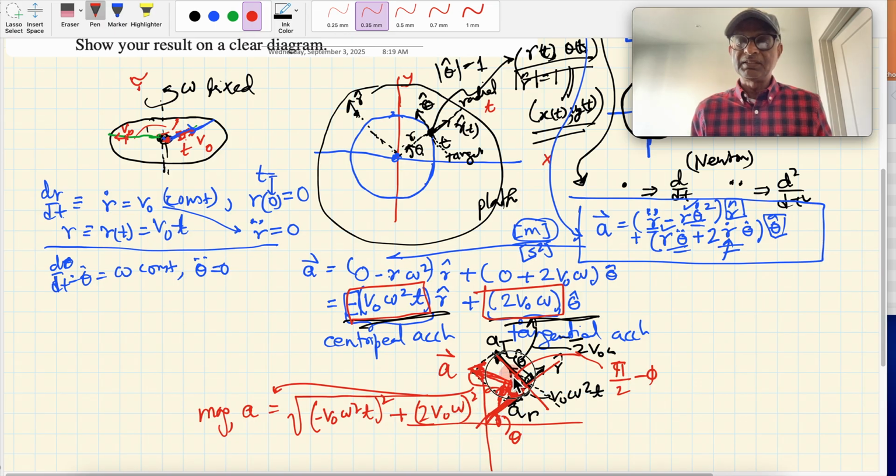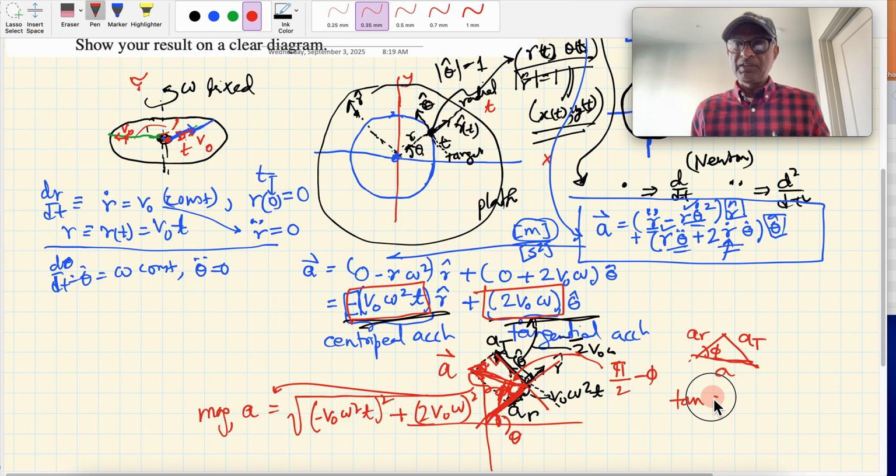So this angle is phi, then it's 90 minus phi, and this is 90 degrees. So we have a situation like this. This is the A, and this is the AR, this is AT, and this is phi.